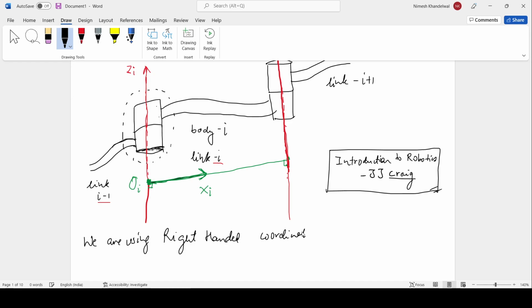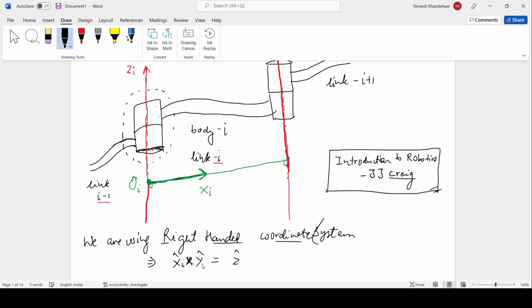This is how the direction of the third axis gets defined, because if we are following the right-handed coordinate system, this means that x cross y gives z. This is the cross product.